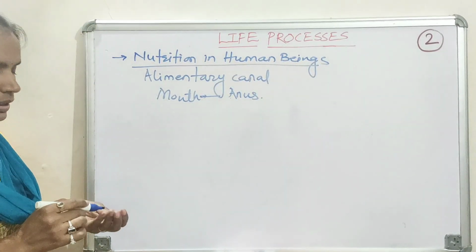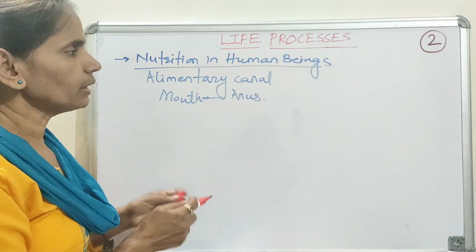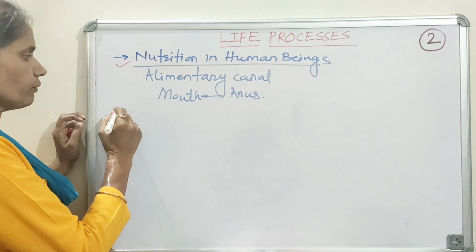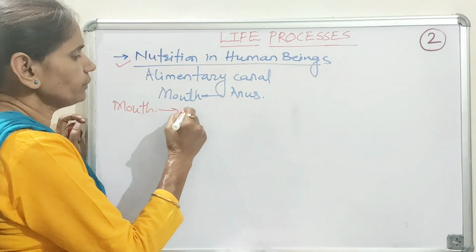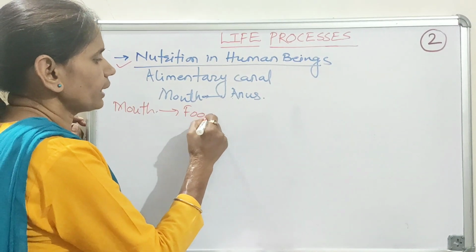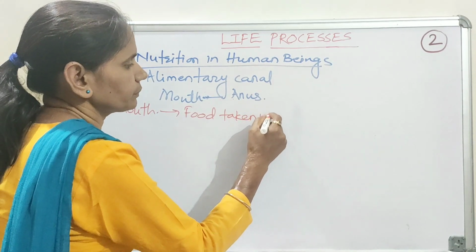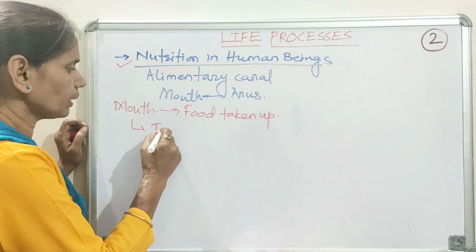Now it involves different parts that have different functions in nutrition. Starting from the mouth. As we know, food is taken in through the mouth. Within the mouth, teeth are present.